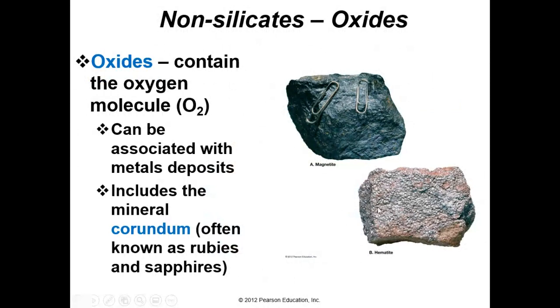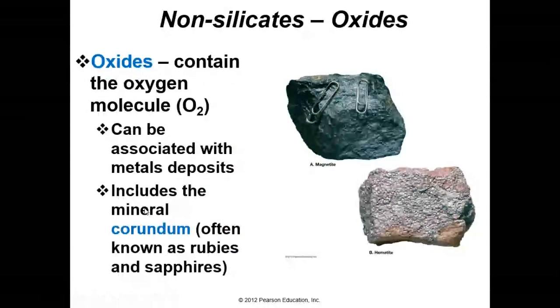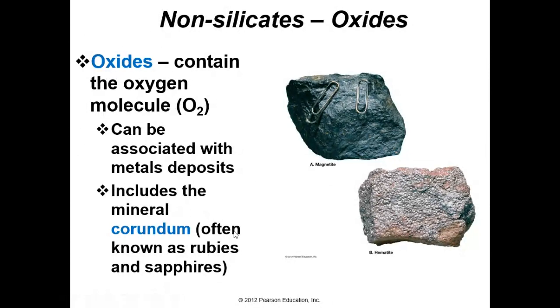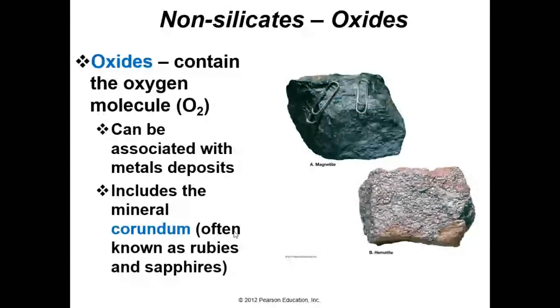Hematite, sometimes hematite will do it, but not always, depending on how much iron it has. So also the mineral corundum, which is a very hard mineral. It's high up on the hardness scale.